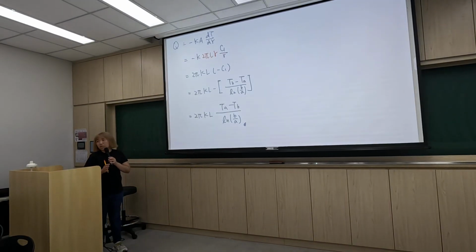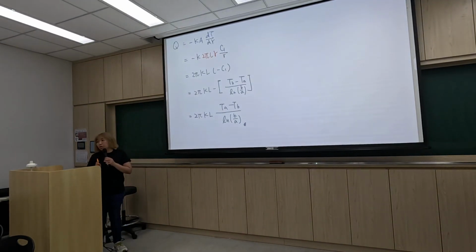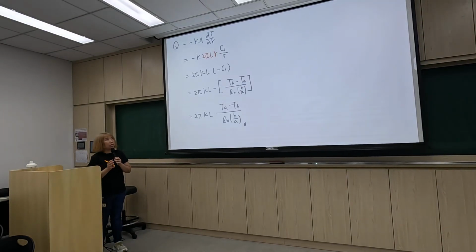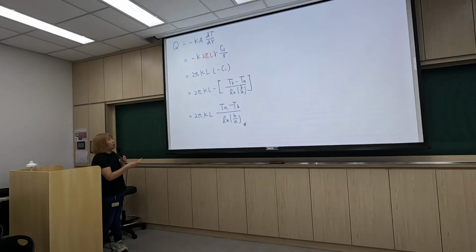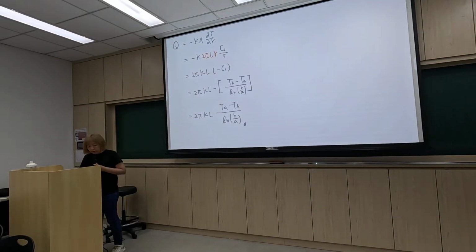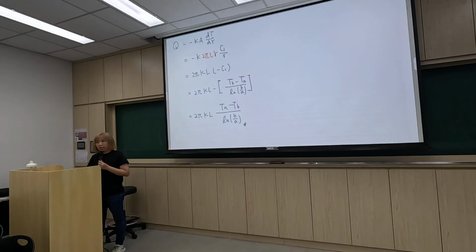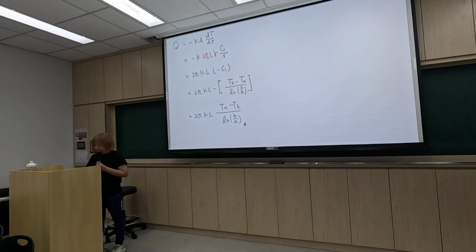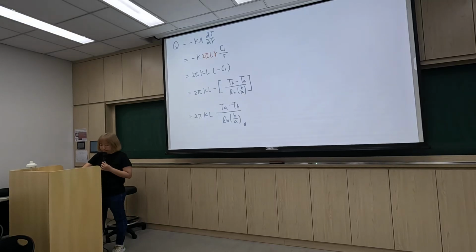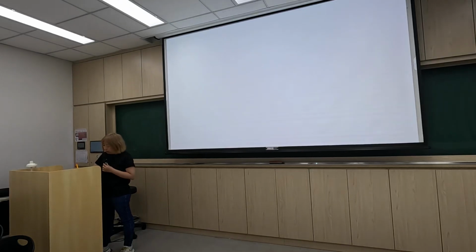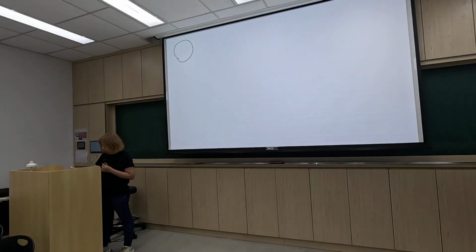Okay, so those circumstances are under one dimension and the area is a constant, okay? So we can get rid of the 2 pi L R and then derive all the stuff. Okay, now we move to the spherical coordinate, okay? And you have a ball.